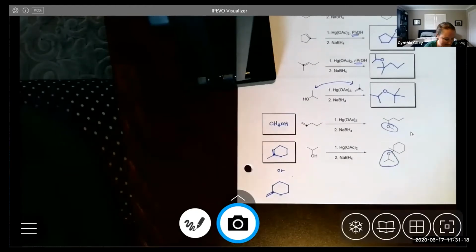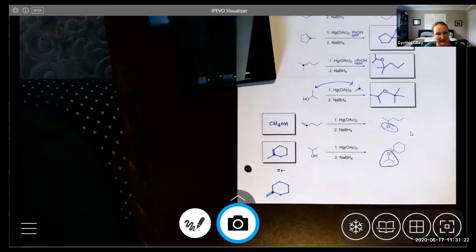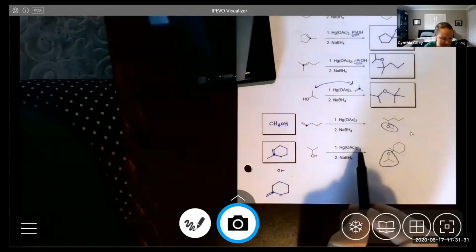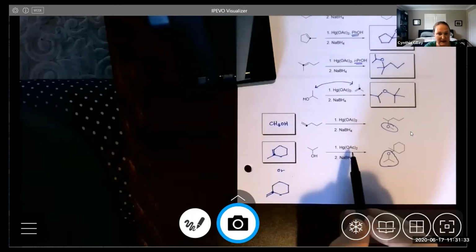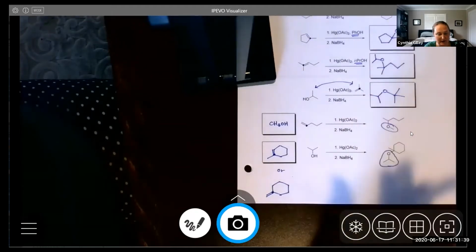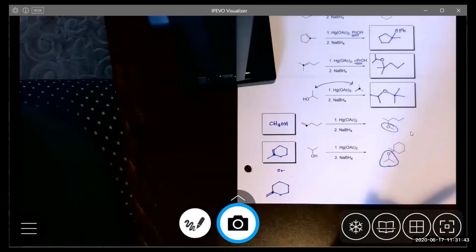Because he said this is one of the reagents, and it's an alcohol, that means that the other one has to be the alkene. Okay, but you can't use two alcohols? No, because the mercuric acetate is going to react with the alkene to form the mercurinium ion. You have to have an alkene to form that mercurinium ion, and then the alcohol attacks. Got it.